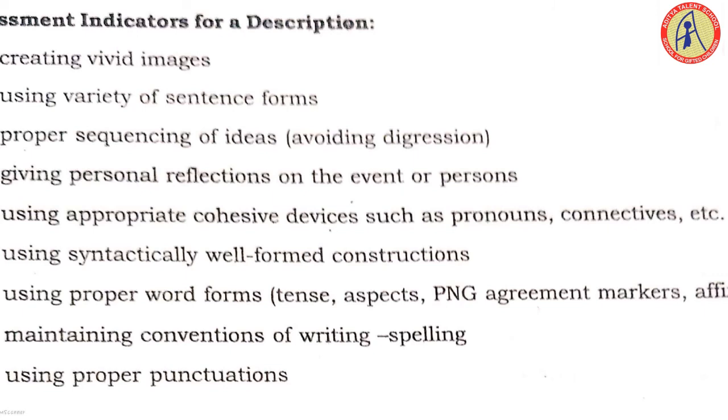Using appropriate cohesive devices such as pronouns, connectives, etc. And well-formed construction of sentences are important. Proper word forms like tenses or agreement markers and maintaining conventions of writing, spellings with proper punctuation. This is very important in writing your feelings.